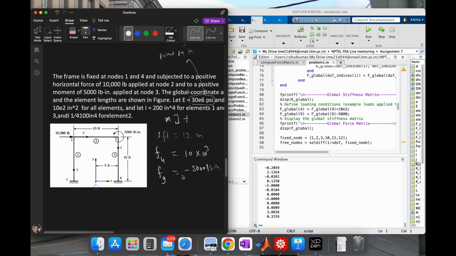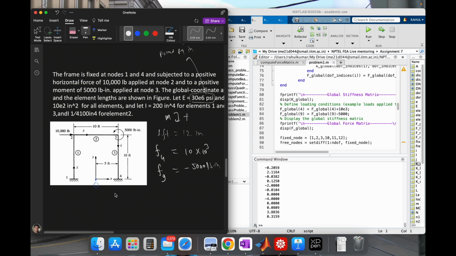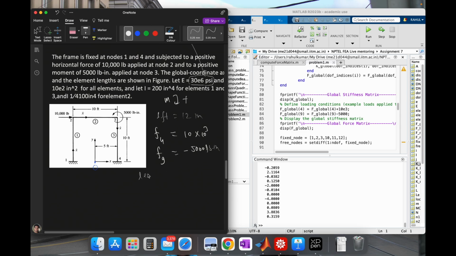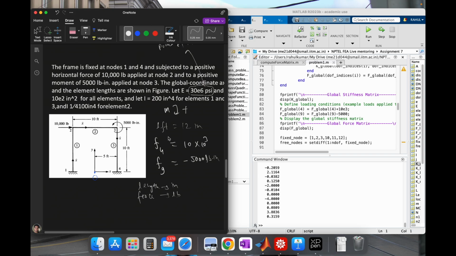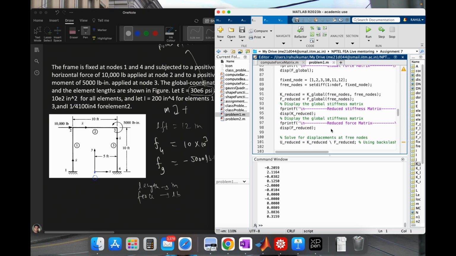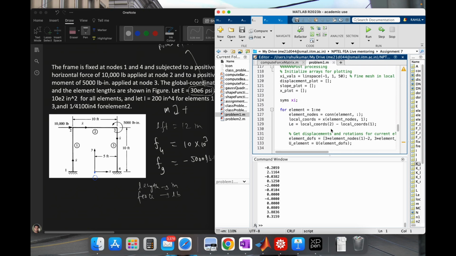So we already converted everything, length in inches and force in pounds, and everything is correct. Also, what are the fixed nodes? The fixed degrees of freedom are 1 2 3 and 10 11 12. Okay, so these are the fixed ones, and everything else will be the same.